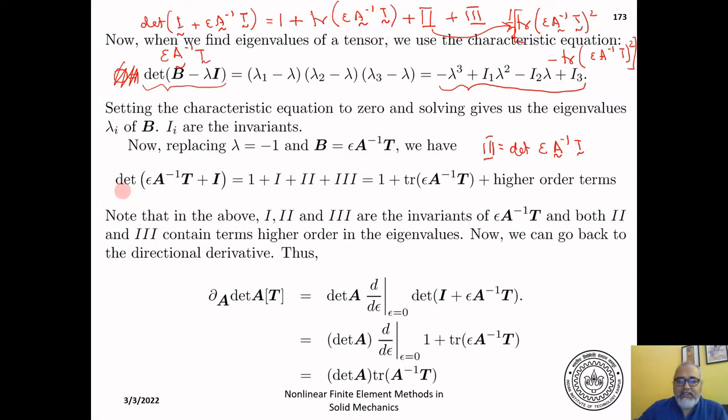So I will write this determinant of epsilon a inverse t plus I equal to 1 plus trace of epsilon a inverse t, plus higher order terms in epsilon, which we don't need to worry about.